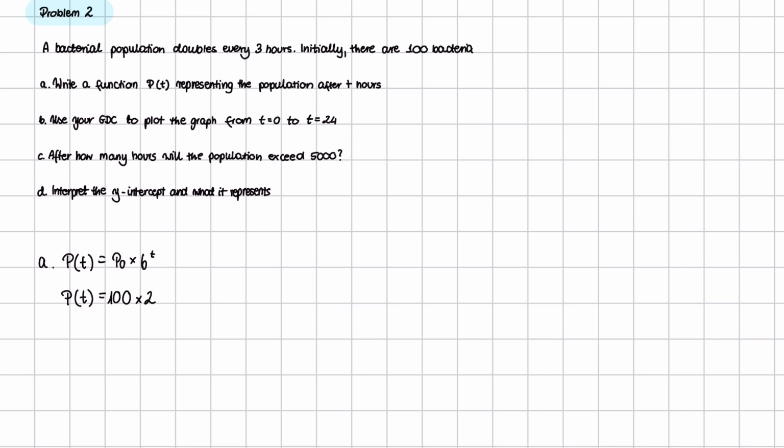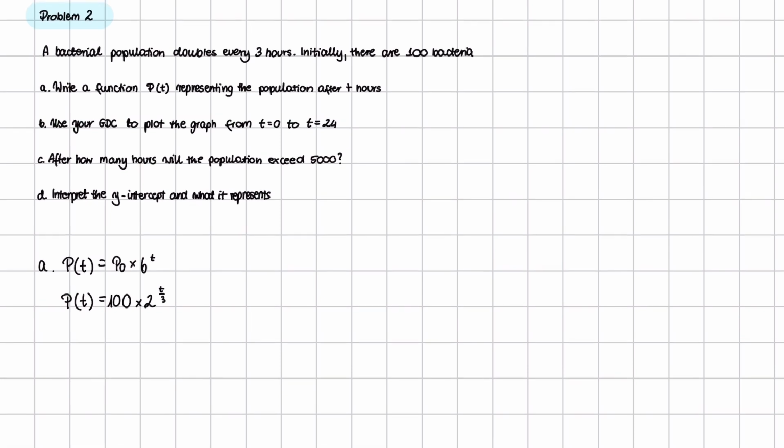And because it is every 3 hours, we have to write t over 3. If you are not sure how this power works, you can watch the previous videos because I explained it in more detail. Here you should remember that when we have every 3 hours, we have our variable over 3.